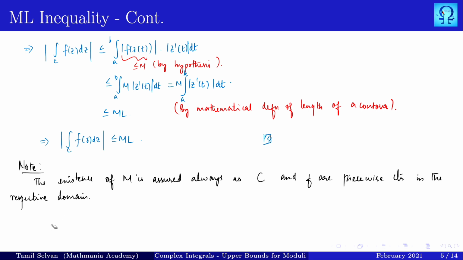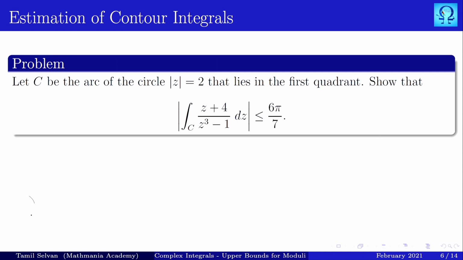So this domain is basically what? This is the interval, this thing, right? So these sort of a domain that we consider. So in this, the existence is always there. Okay. Now we'll enter into some problems. Here we are given an arc, absolute of z equals 2, that lies in the first quadrant.